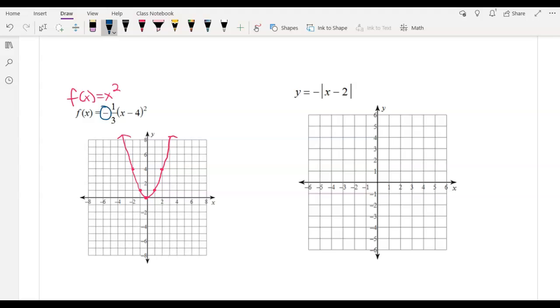Here, we are going to reflect across the x-axis. This 1/3 says we are going to compress, push down, almost flattening it by a factor of 1/3.